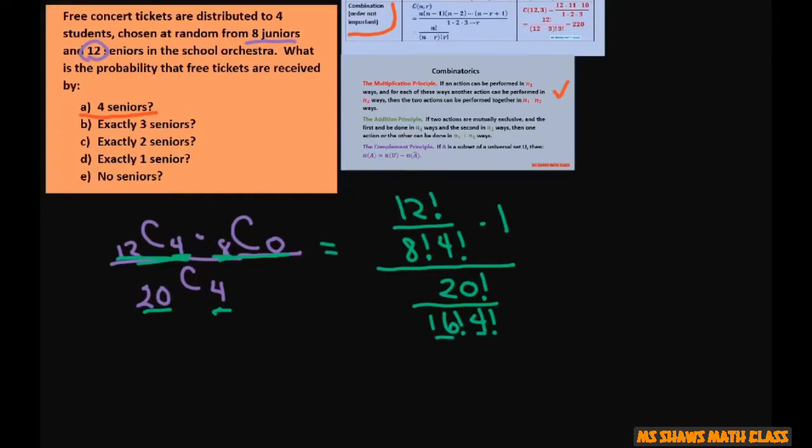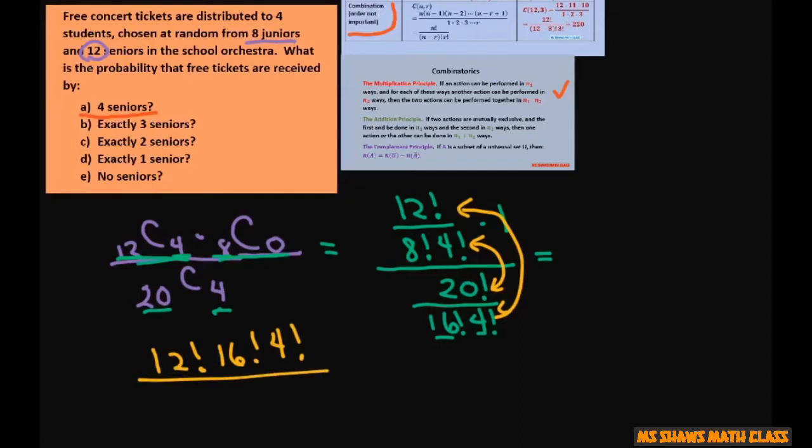So simplifying this gives us 12 factorial. Basically, when you're doing this, you multiply these two together and you multiply these two together for the complex fractions. So you get 12 factorial times 16 factorial times 4 factorial divided by 8 factorial times 4 factorial times 20 factorial.